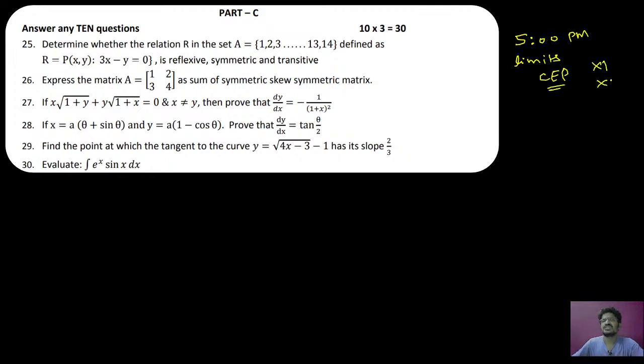Both for 11th class and 12th class I am taking. So there you can attend it if you are interested, because most of the second year students are not interested now in the live classes. I don't know why. So it is left to you. 11th and 12th class I am taking at 5 p.m., limits CET class. So if you want, you can attend it. Otherwise, no problem.